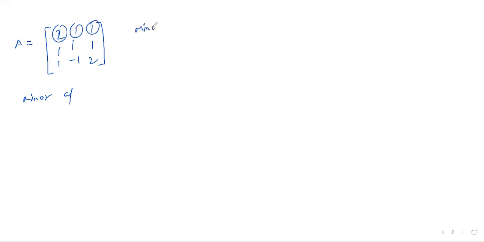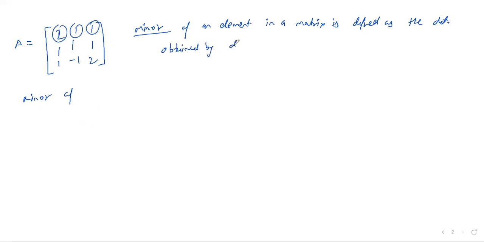What is the minor? The minor of an element in a matrix is defined as the determinant obtained by deleting the row and column in which that element lies.